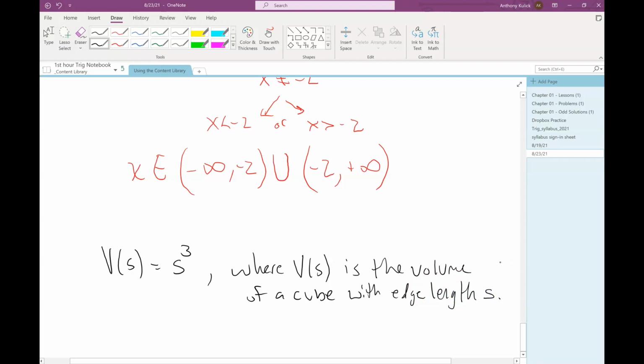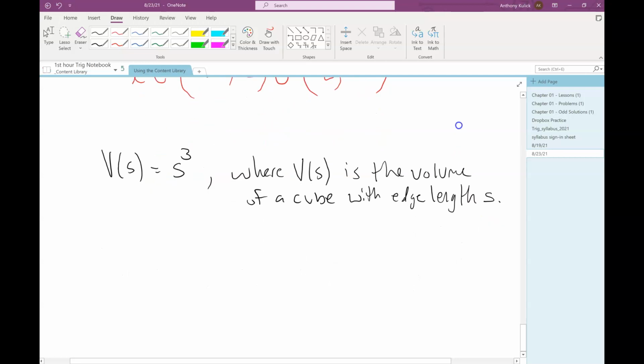Okay. This function says V of s is equal to s cubed, but we're given a little bit of context here, right? I tell you that V of s is the volume of a cube with edge length s. So here, the implied domain is not all real numbers, right?